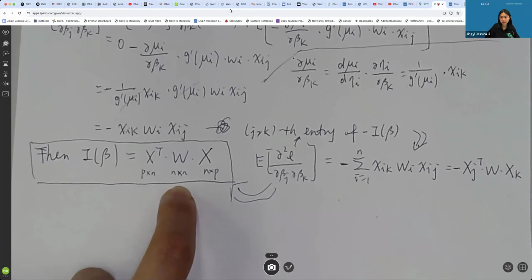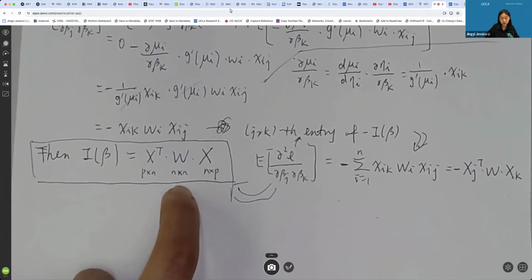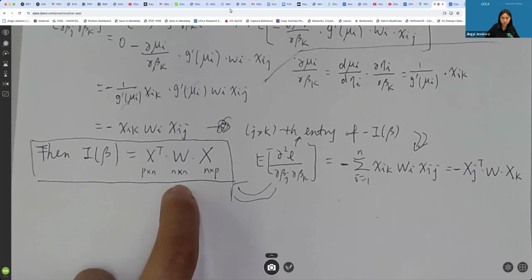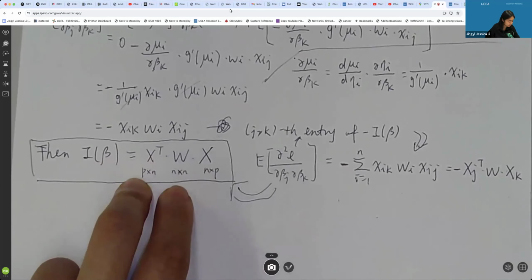If this is not so familiar to you, I think it's mostly because of the familiarity with linear algebra. Probably that varies from student to student, but I hope that it makes intuitive sense to you. And also, I think linear algebra is a very useful tool to simplify our notation and derivation. So that's where we are.